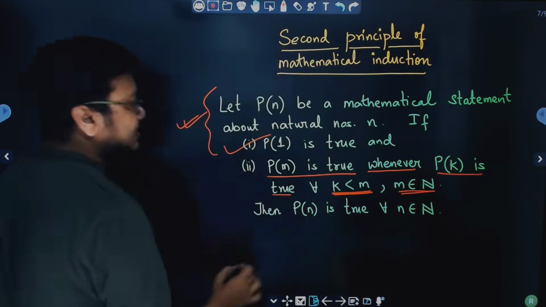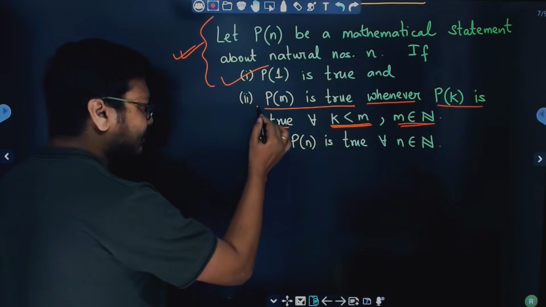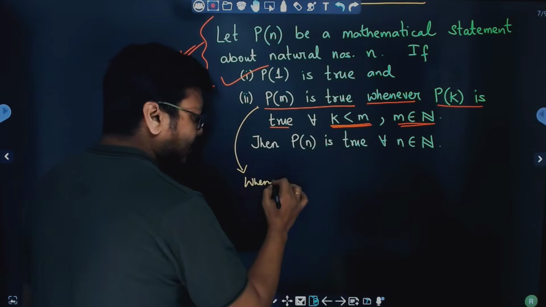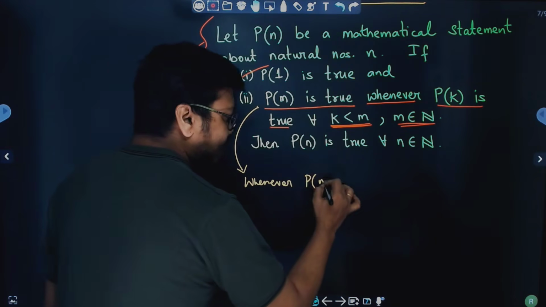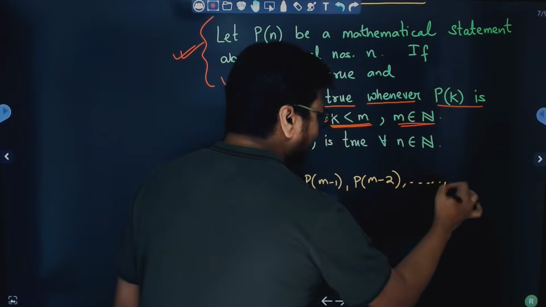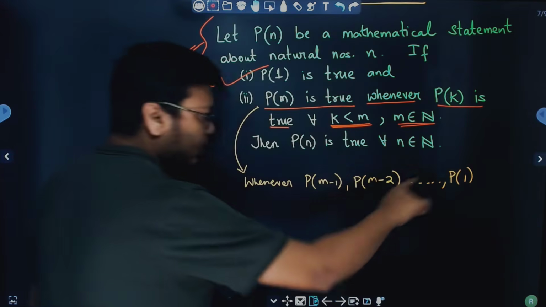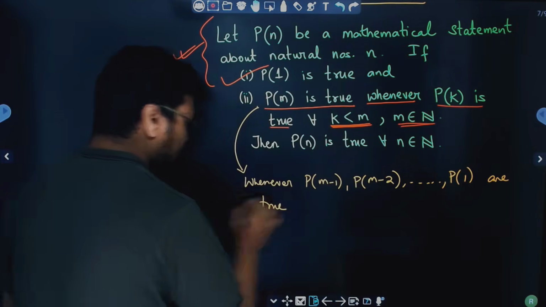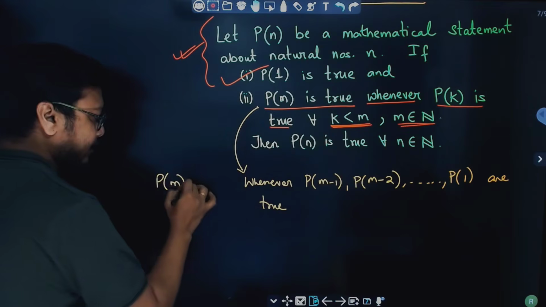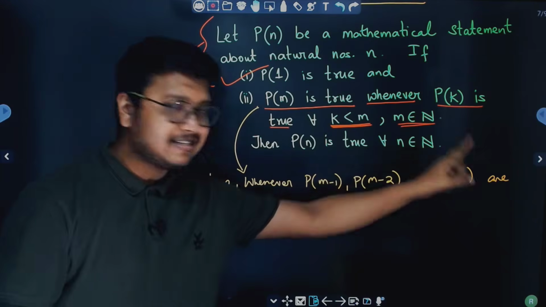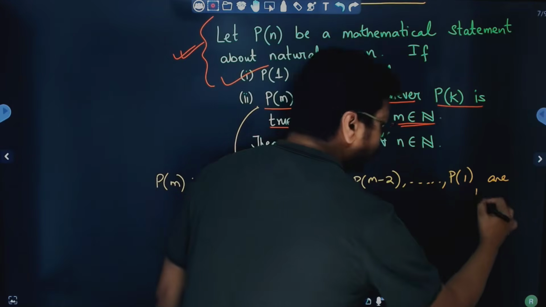So in short, this point is same as saying whenever Pm minus 1, Pm minus 2, so on up till P1, when all these are true, or I would say that Pm is true whenever all these statements are true.